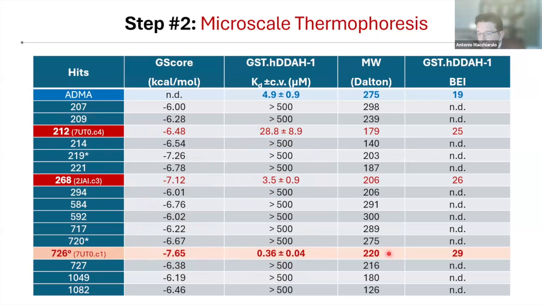And even more interesting, determining the binding efficiency index, or in other words, normalizing the dissociation constant by molecular weight, we observed that compound 726, but also 268 and 212, show a binding efficiency index that is higher, meaning better, than the substrate ADMA.